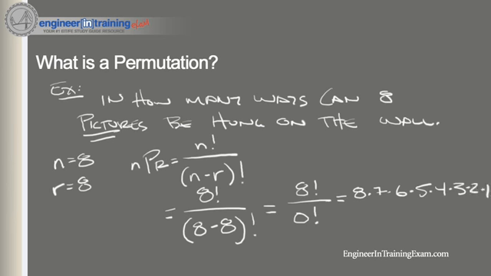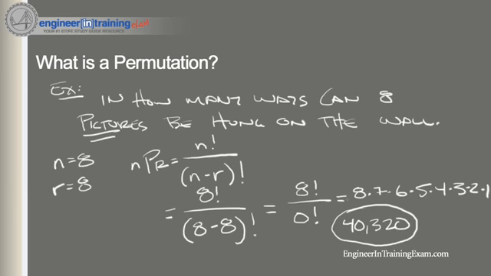And when we multiply that all out, we find that it's 40,320. So that's a very large number, and that tells us that there's 40,320 ways that 8 pictures can be hung on the wall all at the same time.